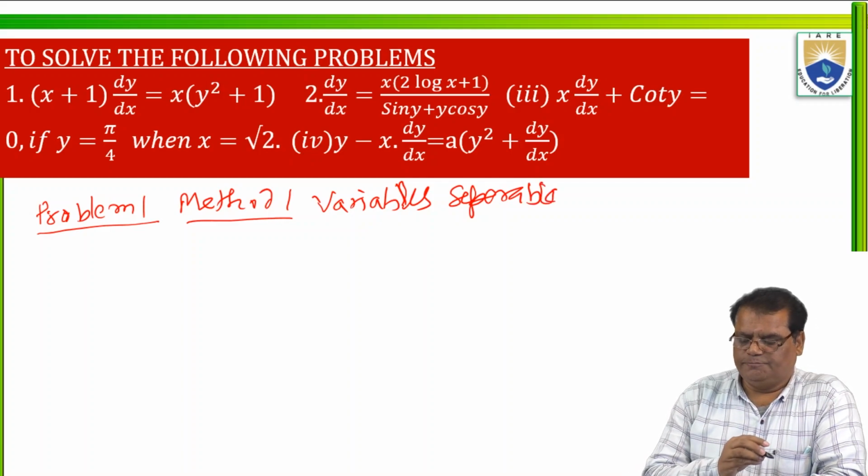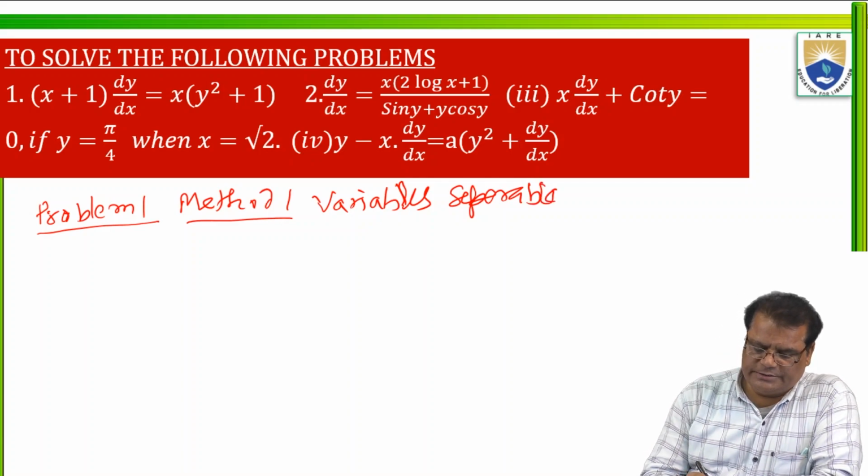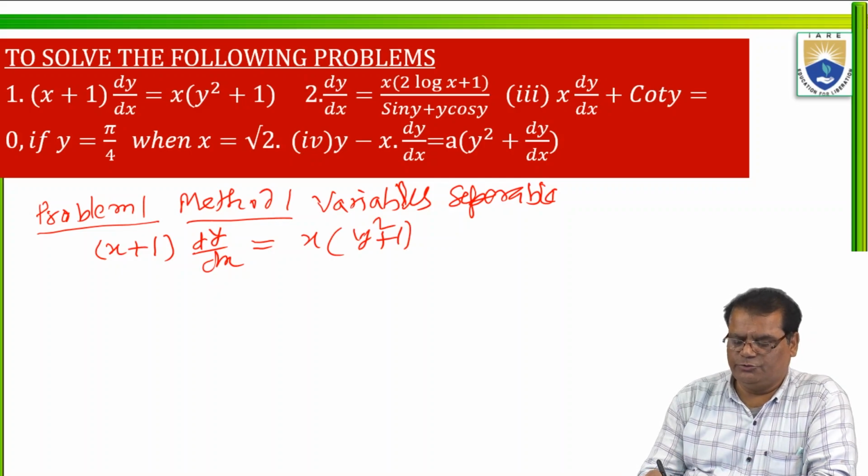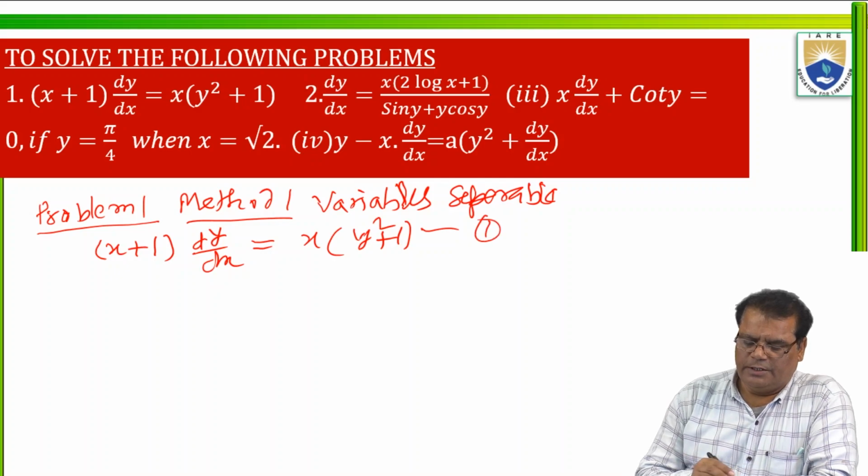So the question is this: (x plus 1) dy/dx equal to (x y square plus 1) into dy. This equation 1 is given. Now first, we take cross multiply.